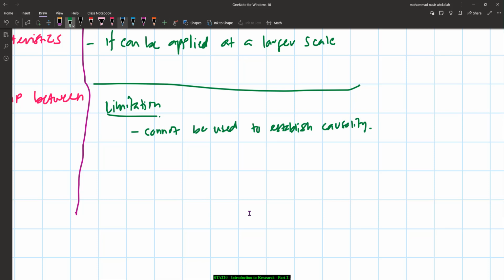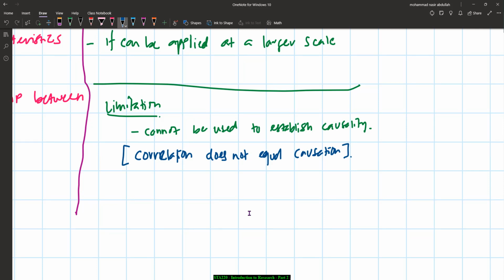This is a basic term in data science, and you should know as a statistician, correlation does not equal causation. So this is a very famous term in correlation lah.